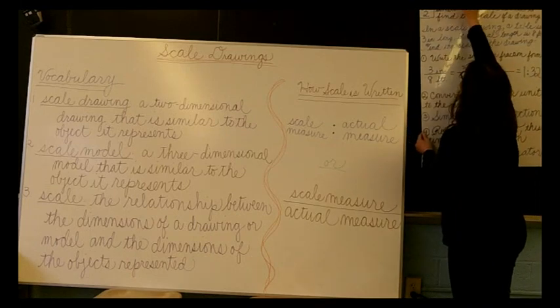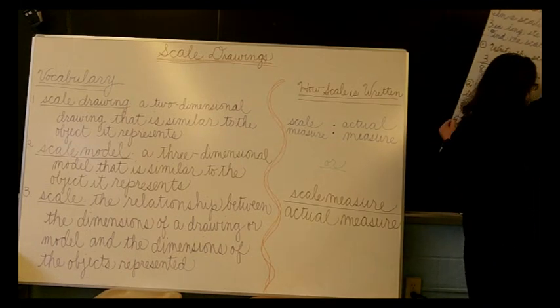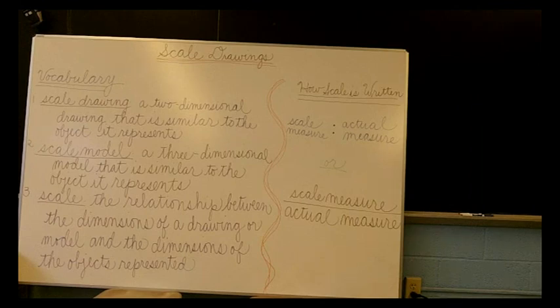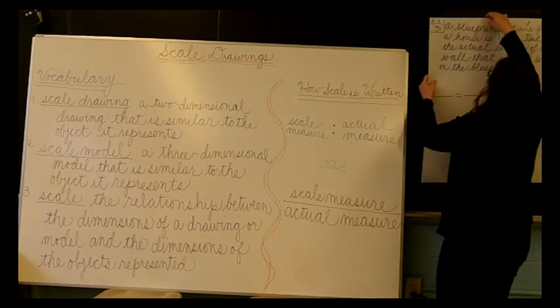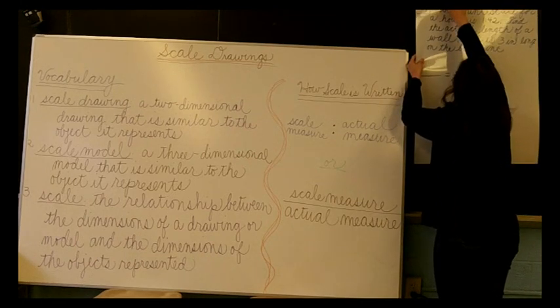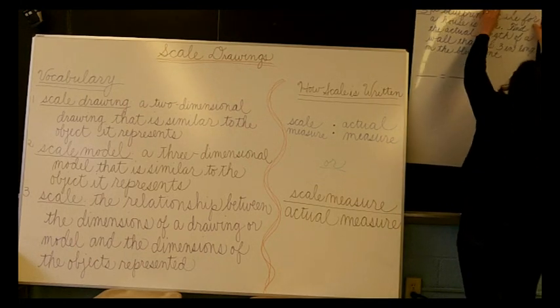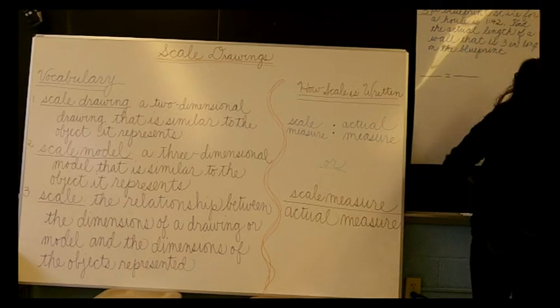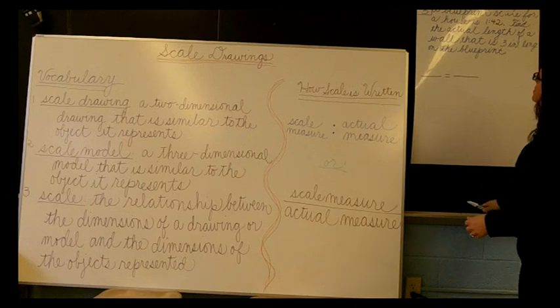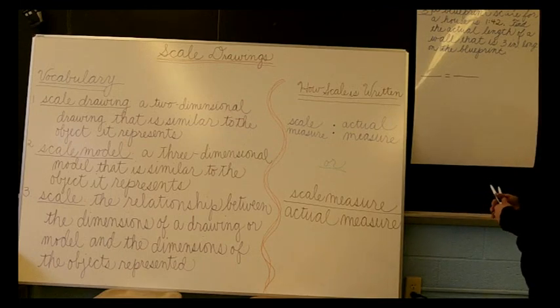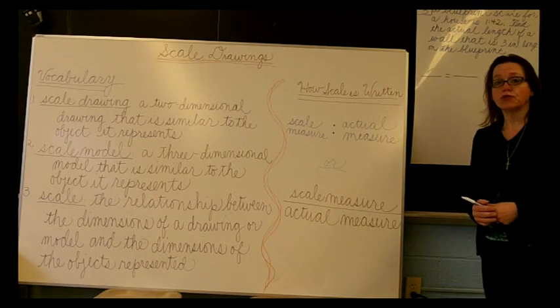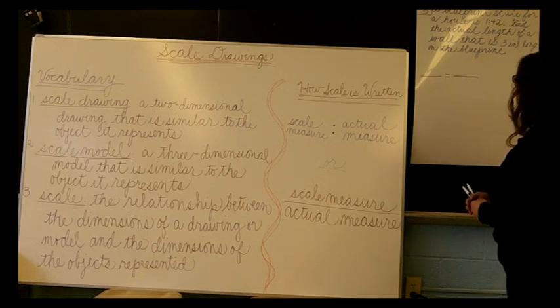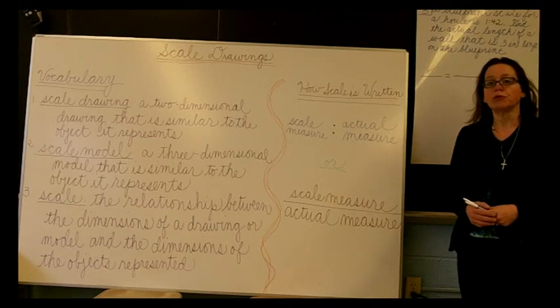And we have one more example to go over. This says that a blueprint scale for a house is 1 to 42. Find the actual length of a wall that is 3 inches long on the blueprint.